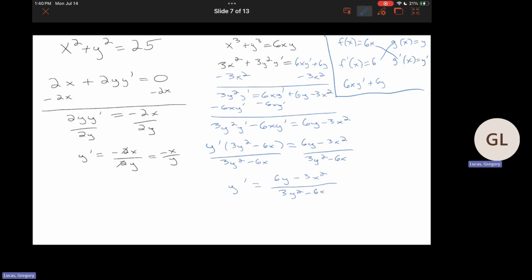So all the terms should be the same, but all the negatives will be flipped. So they're equivalent answers, but it might not look exactly the same if you solve the problem in the other direction. It doesn't matter which way you solve it, but you could get a different answer that is still correct.